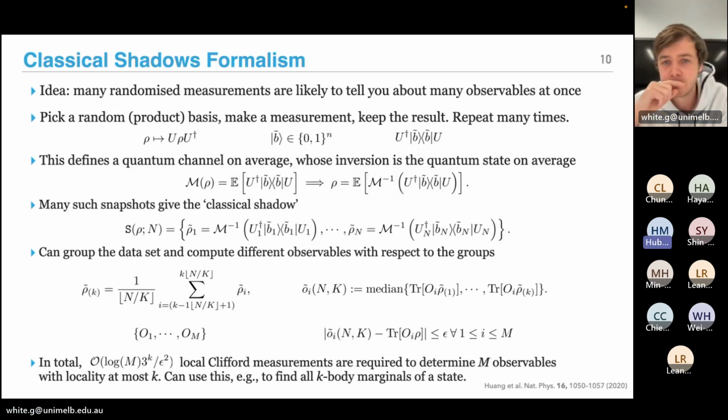I see. So I have another question. Since you are converting the channel, according to the duality, into a many-body correlated state, when you do the measurement at different times, it will correspond to measurement on the state at different positions.